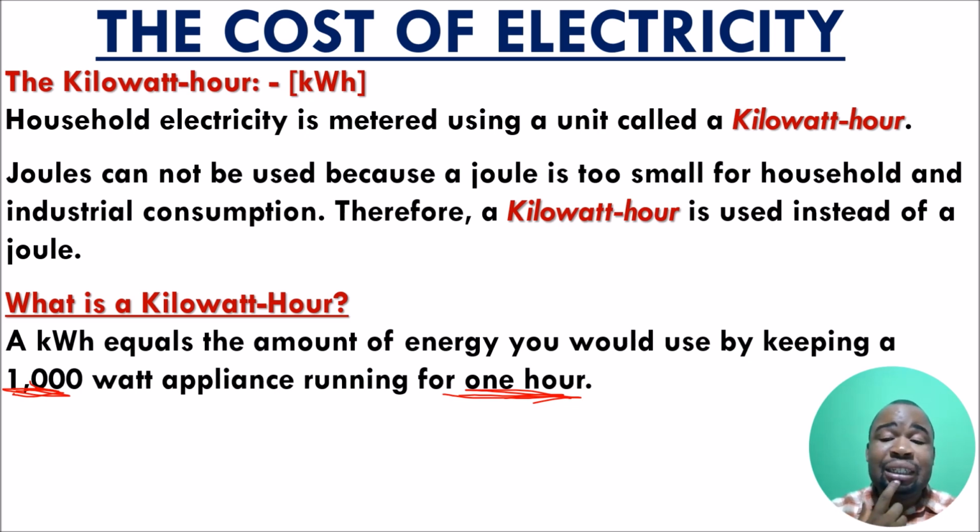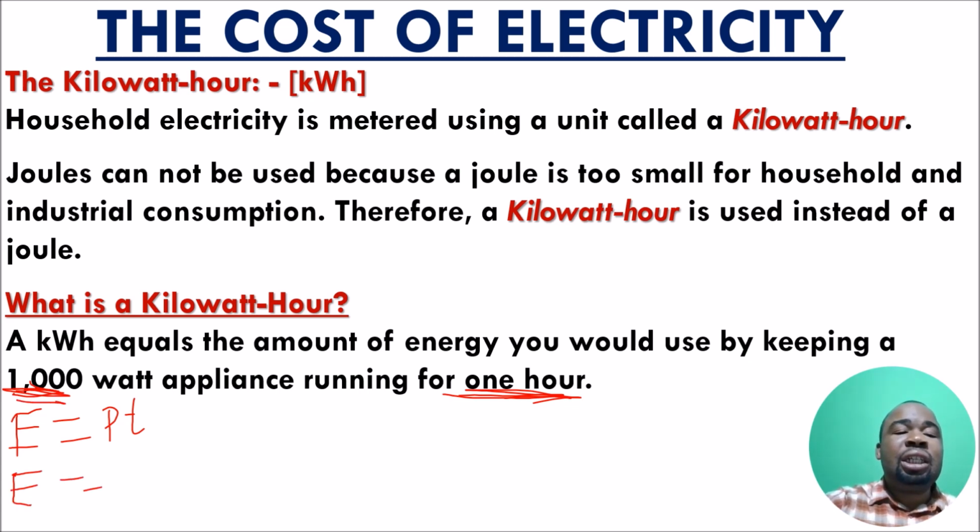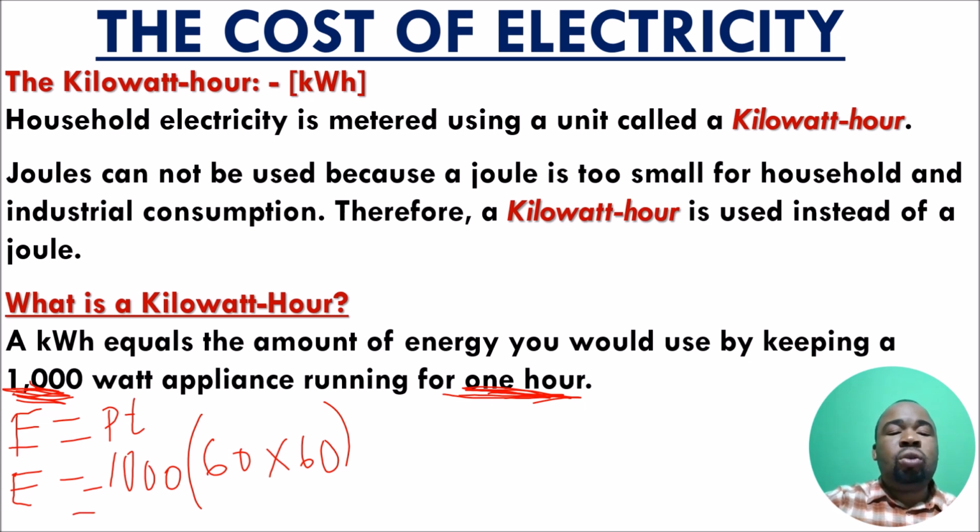Maybe to understand the relationship between a kilowatt hour and a joule, let's say energy is equal to power times time. Now we are saying the energy used when a gadget rated 1000 watts is run for a time of 1 hour. 1 hour is 60 minutes times 60 seconds, which is going to give us 3,600,000 joules.